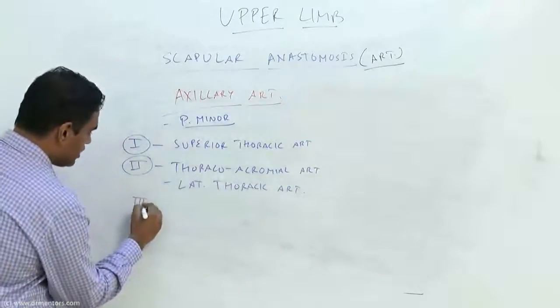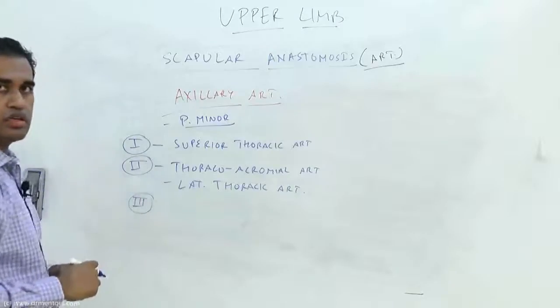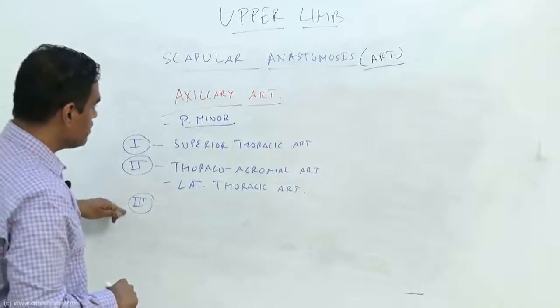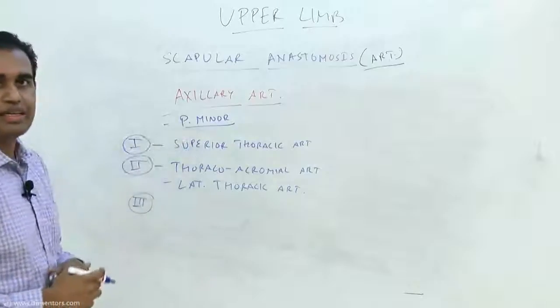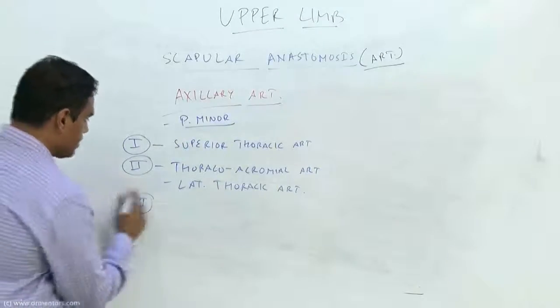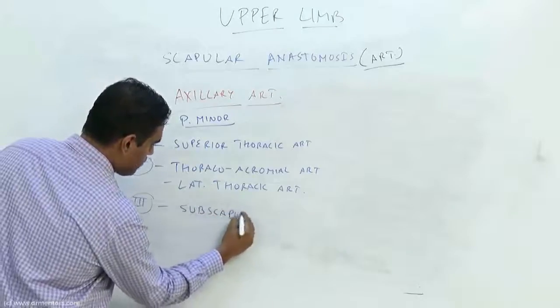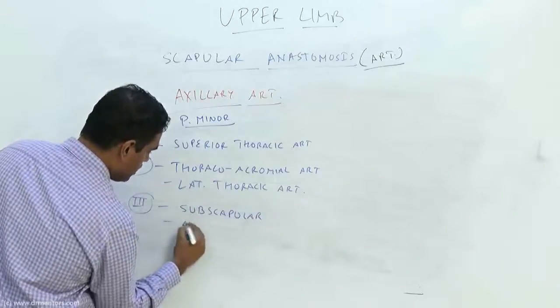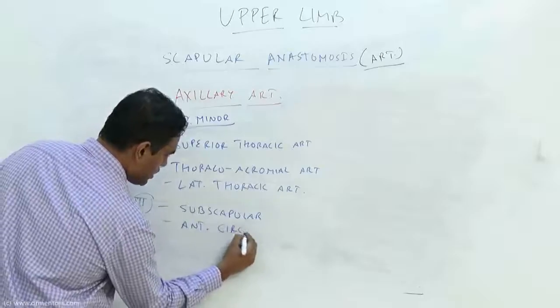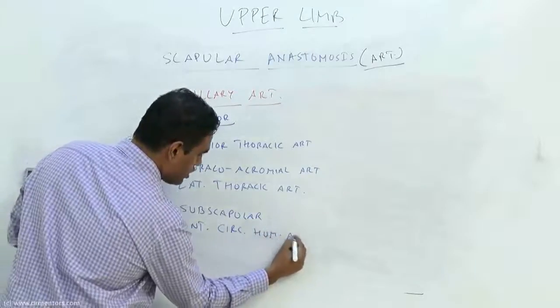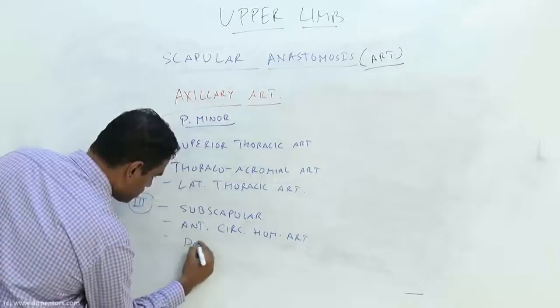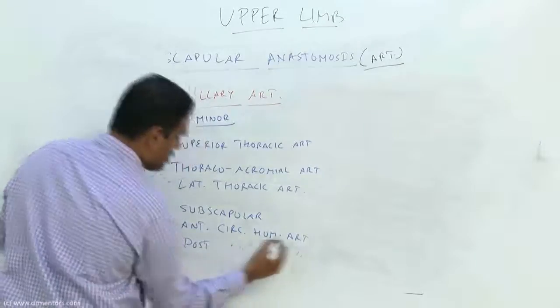While the branches from the third part of axillary artery, which is located between the pectoralis minor and the teres major, are the subscapular, then anterior circumflex humeral artery, and obviously posterior circumflex humeral artery.